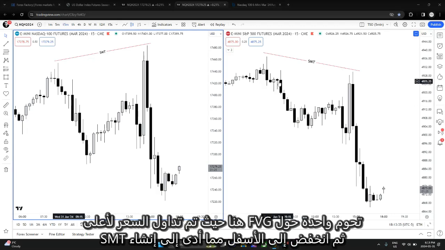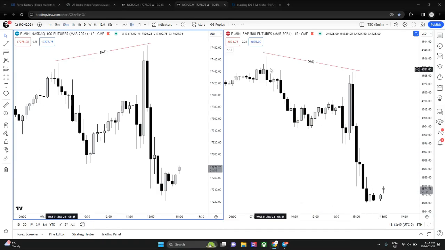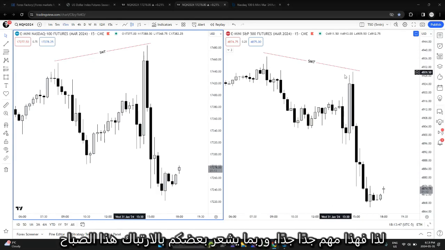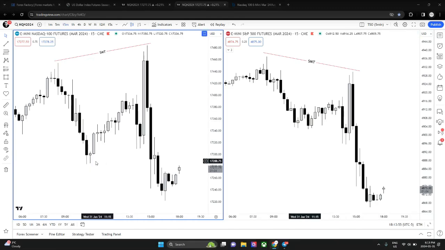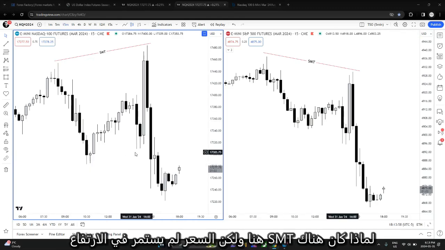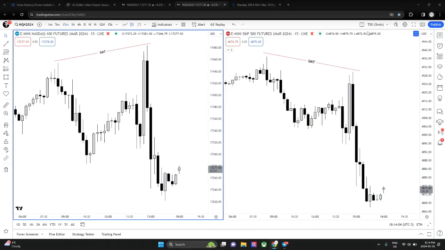We had the 1 hour fair value gap right here, which price traded up into, and then broke lower, creating SMT. So this is very, very important, right? And some of you guys are probably confused this morning as to why there was SMT here, but price didn't continue to go higher.